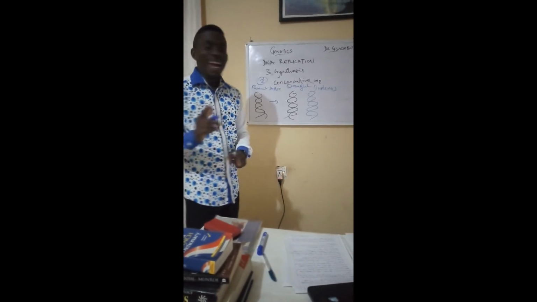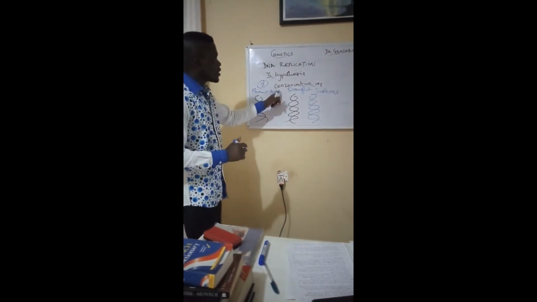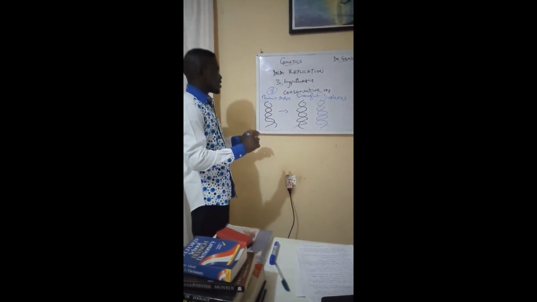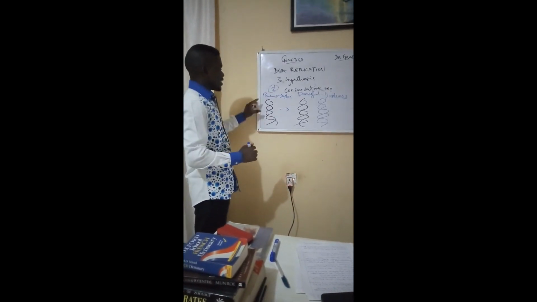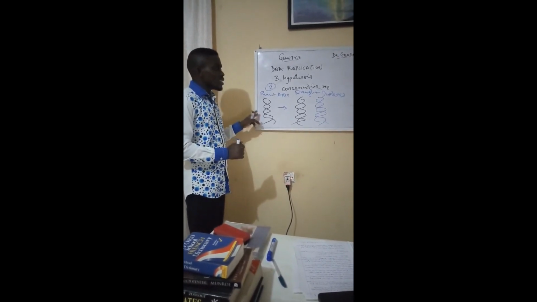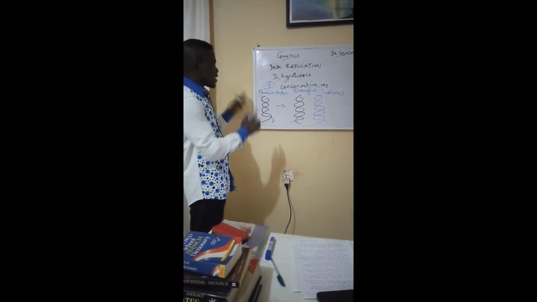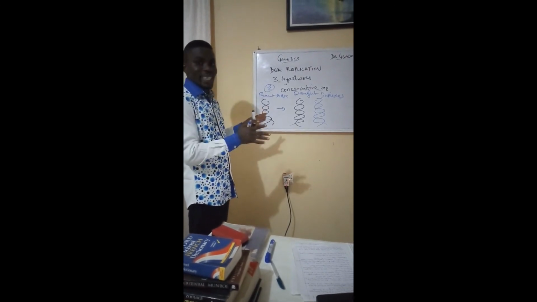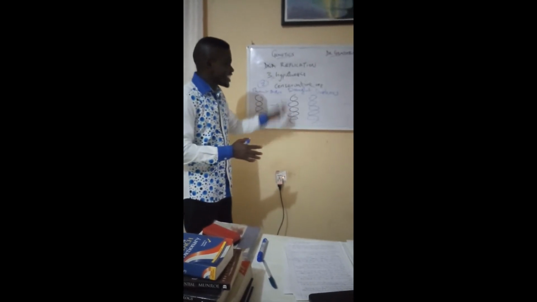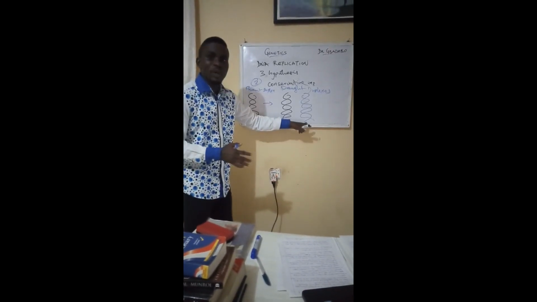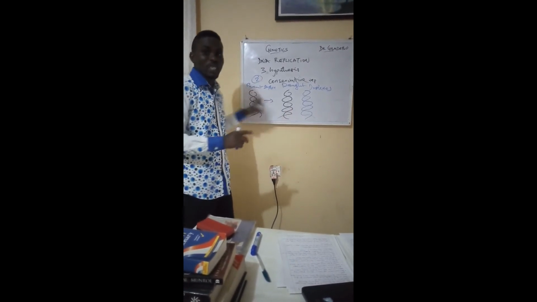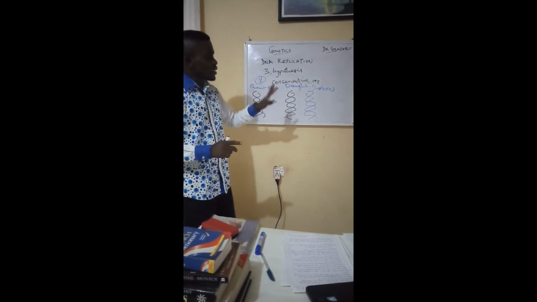So the second hypothesis is conservative replication. Conservative replication is trying to explain that the parent duplex, the parent DNA, is replicated in such a way that the newly formed daughters, these are two daughter duplexes, are formed from this parent DNA.